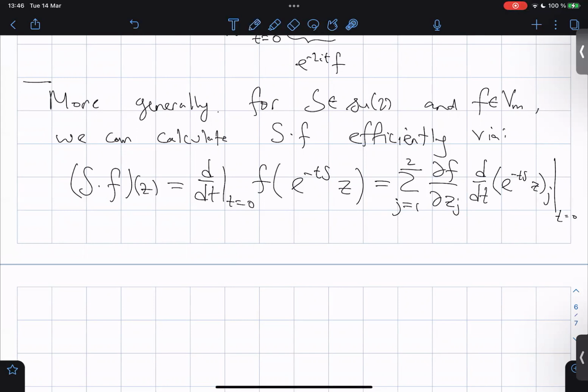Let's be clear about what I've written here. This is a vector in C2. I could talk about either its first component or its second component, so that's what I put in the subscript: the jth component. This is a straight chain rule computation, and I can evaluate this derivative as follows.